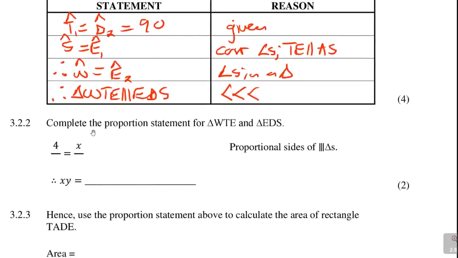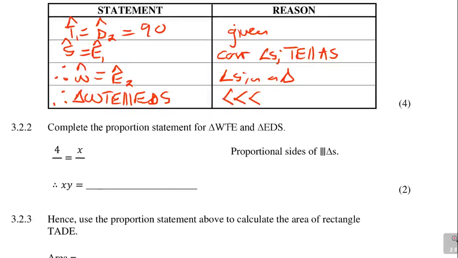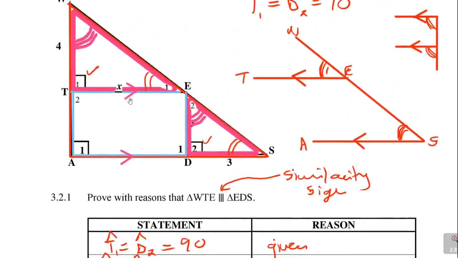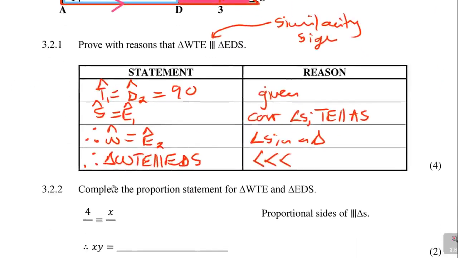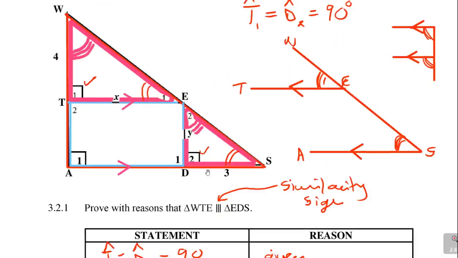And then there is complete the proportion statement for triangle WTE and triangle EDS. Proportion statement: 4 over what is equal to x over what? Let's look at the proportion statement. They are saying 4 divided by what is x divided by what? So we can say 4 divided by y. We are comparing here.